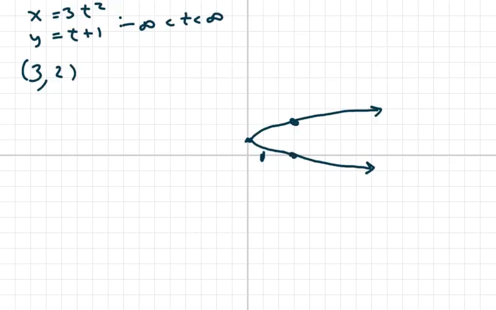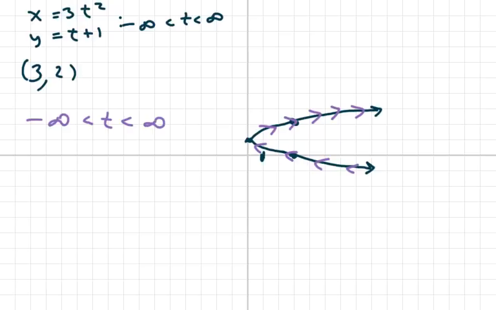All right, so basically we need to look at the orientation. When t is below the graph, it's going this way. So the way the graph goes is this way. The curve goes this way based on t going from negative infinity to infinity.